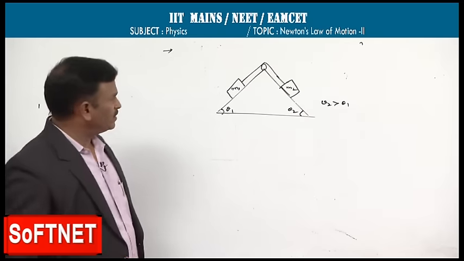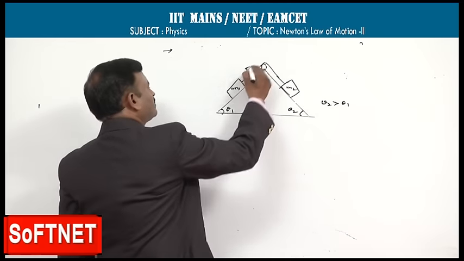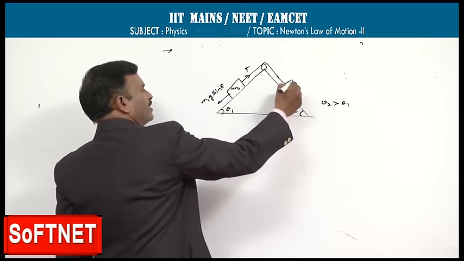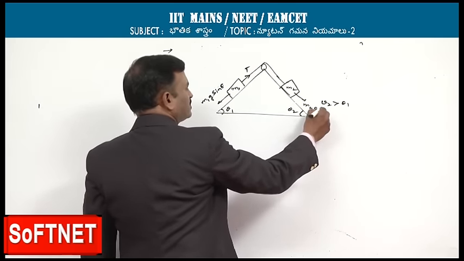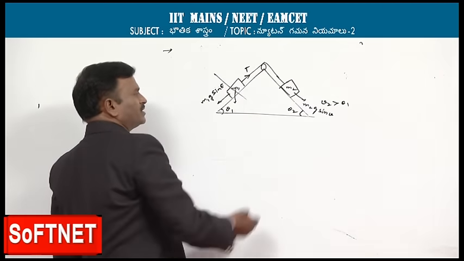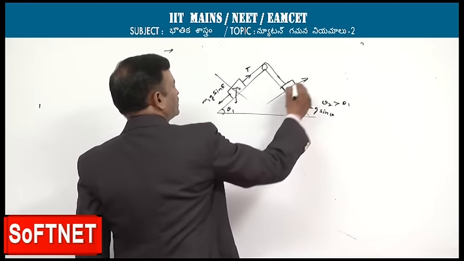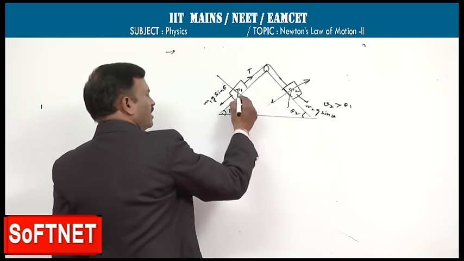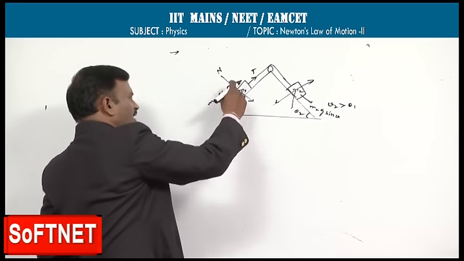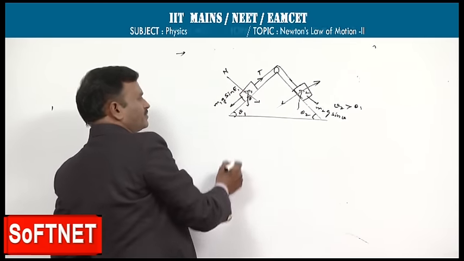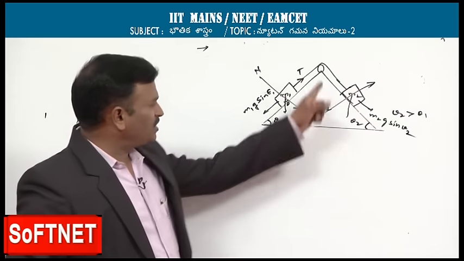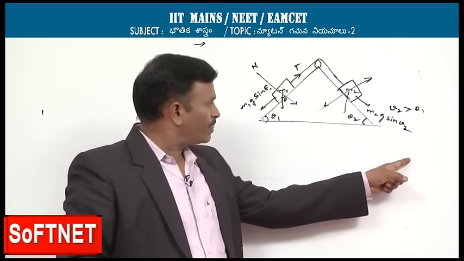Tension acts here, with m1g sin theta 1 and m2g sin theta 2, because the weight splits into components, mg cos theta and mg sin theta, where the cos component is the normal. m2g sin theta 2 is acting down.